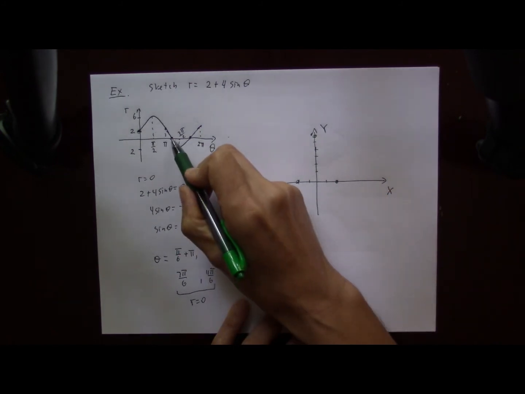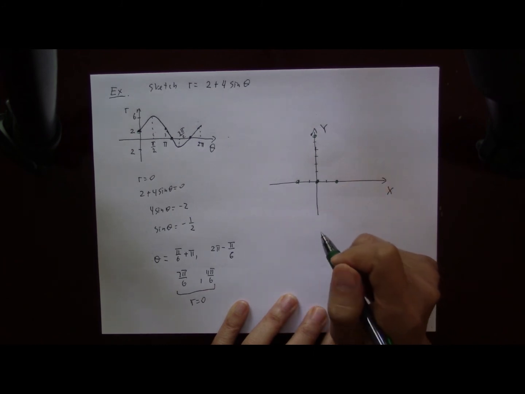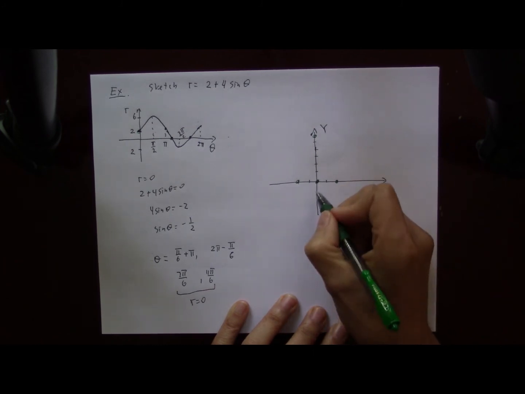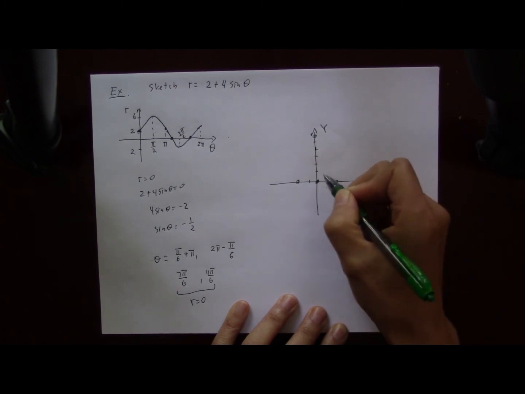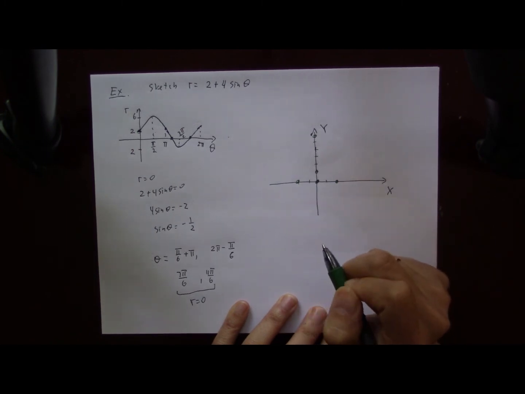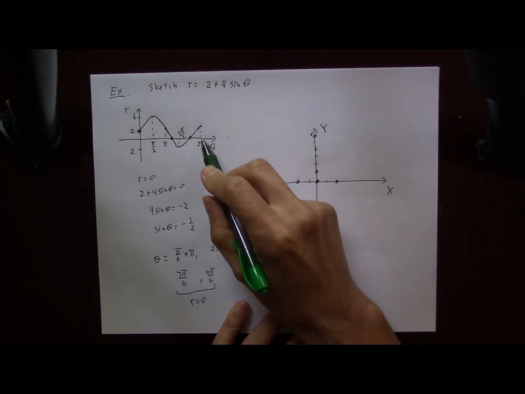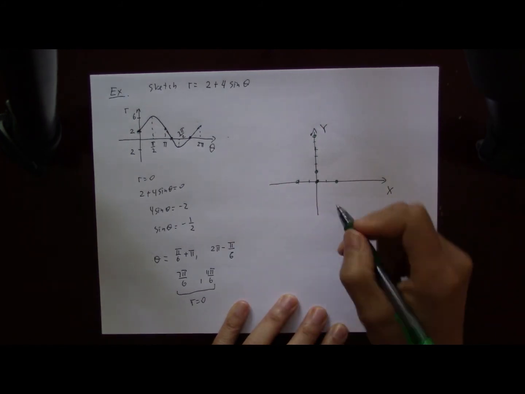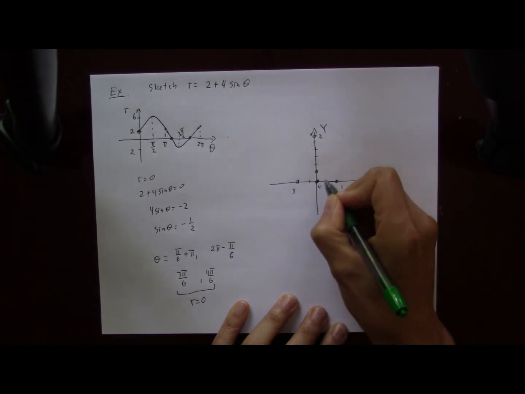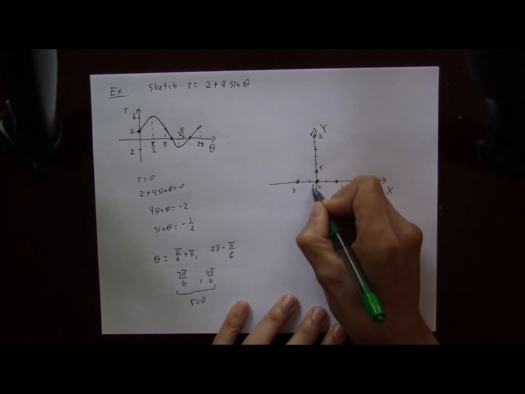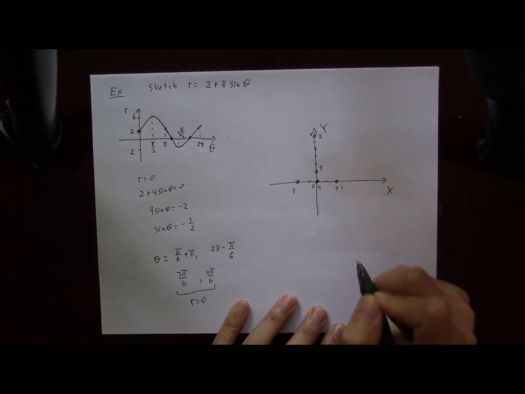Next point, we're going to hit the origin. Next point, 3 pi over 2 and negative 1. So we're supposed to be going in the 3 pi over 2 direction, but negative 1 unit in that one, so we are here. Next point, the origin again. Next point is 2 pi. 2 pi is 2, back here. So point 1, 2, 3, 4, 5, point 6 back to the origin, and the last one, 0.7 here.